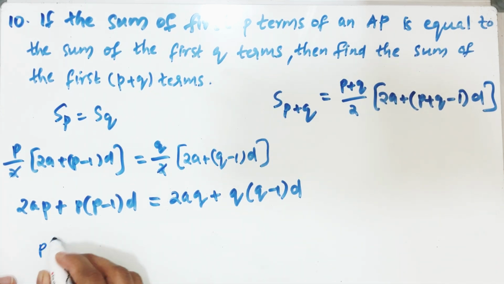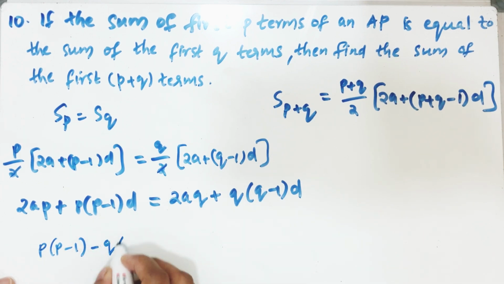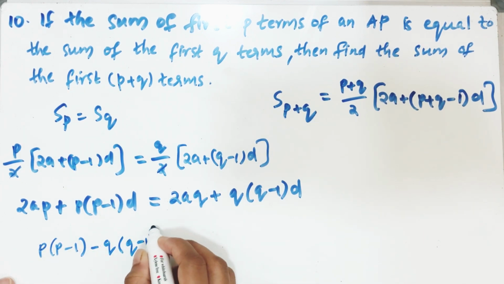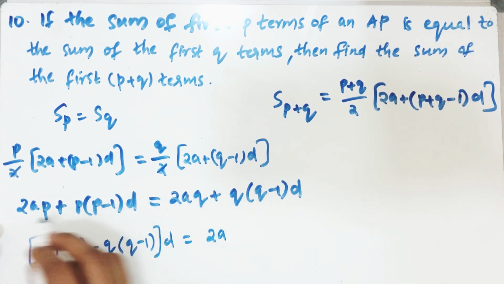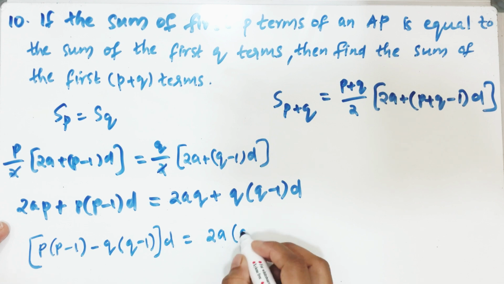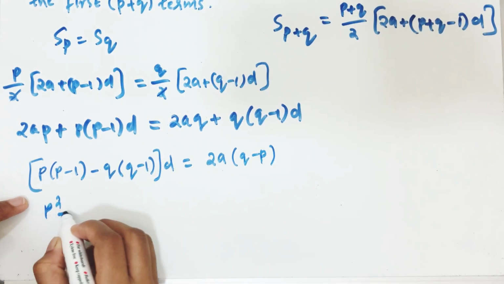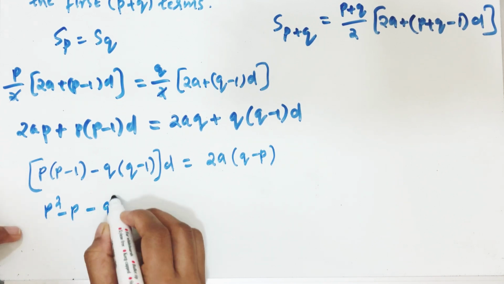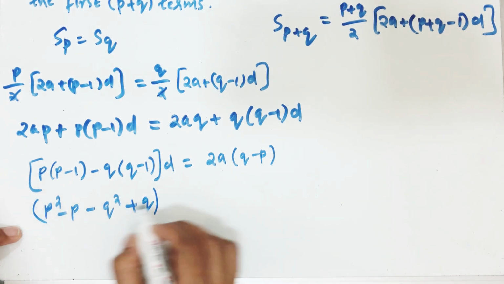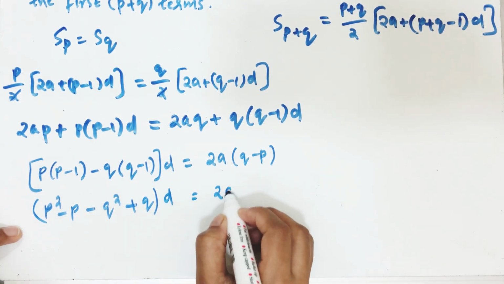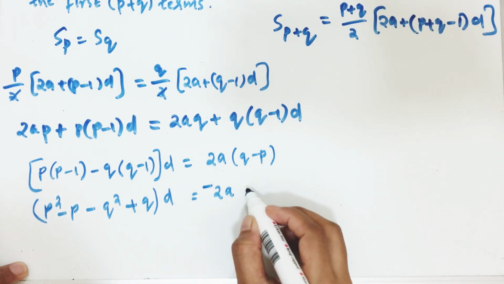This will become p into p minus 1 minus q into q minus 1 into d is equal to 2aq minus 2ap, that is 2a into q minus p. This is p square minus p minus q square plus q into d is equal to 2a into q minus p, which is minus of p minus q.